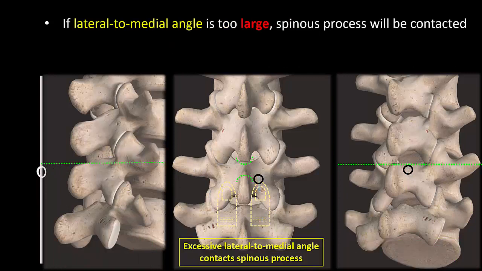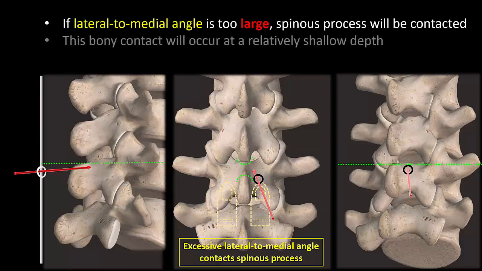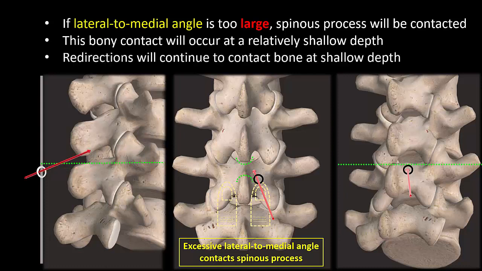If the lateral to medial angle is too large, the lateral aspect of the spinous process will be encountered. This is signaled by bony contact at a relatively shallow depth with initial and subsequent needle passes. It is actually helpful during the process of local anesthetic infiltration of skin and muscle to deliberately angle this needle medially and determine where the spinous process lies.